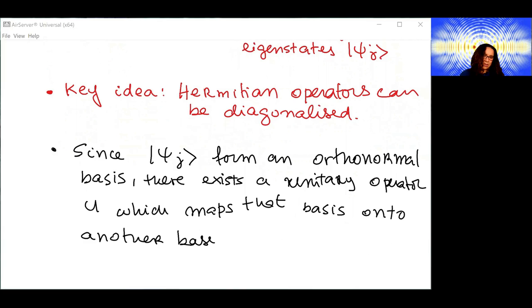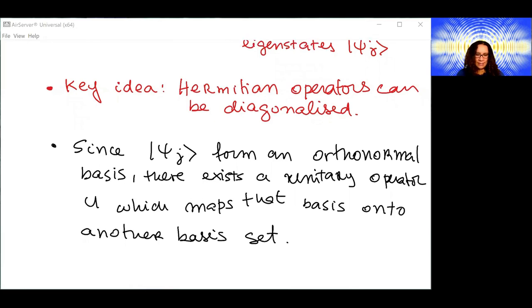So pretty much what we have here is, first, we're saying that if you have a Hamiltonian, this Hamiltonian can be diagonalized, which makes total sense because if you think about a matrix, if you have a Hermitian matrix, you can diagonalize that matrix. So it's pretty much the same principle. Then you are forming an orthonormal basis, ψi in this case. So this means that there exists a unitary operator U, which maps that basis onto another basis set.